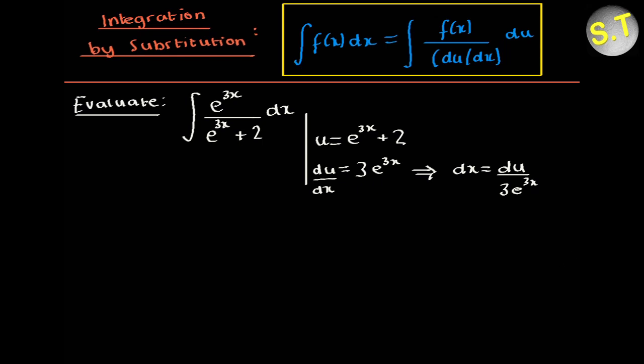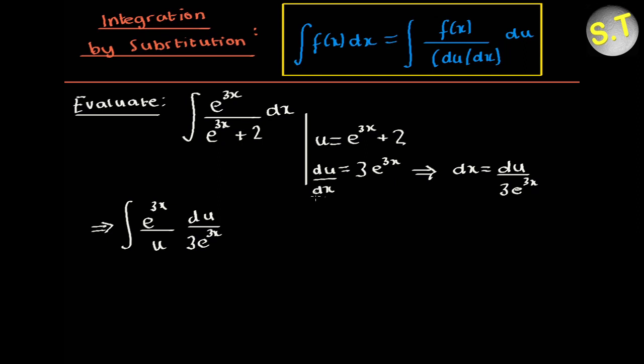So now let's apply our substitutions. This gives us the integral of e to the 3x divided by u, and dx is now du over 3e to the 3x. So we have du over 3e to the 3x.